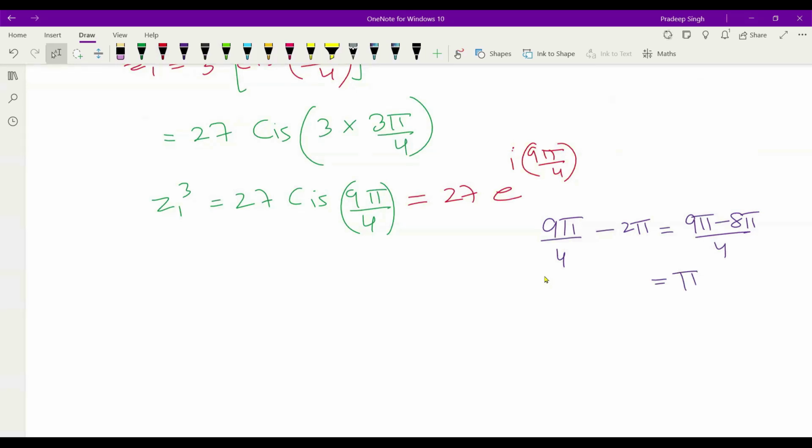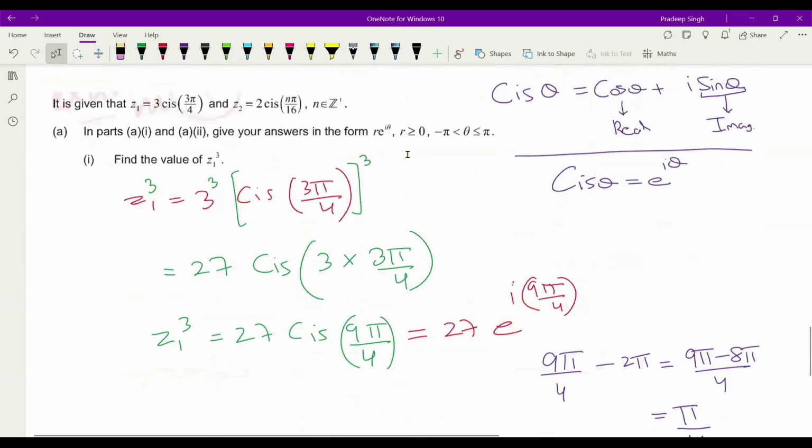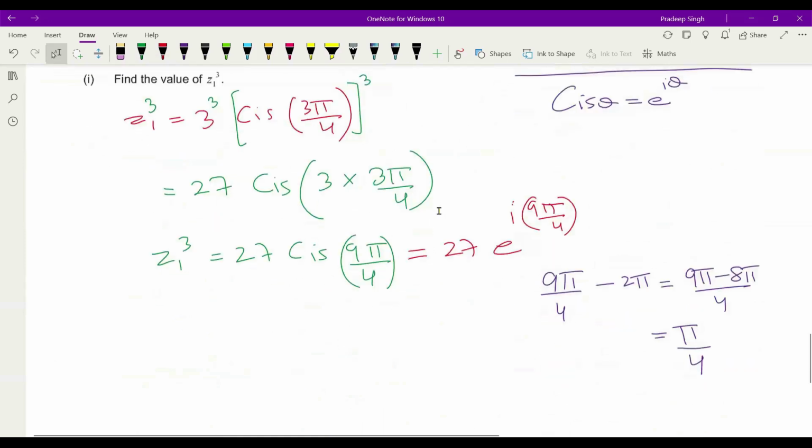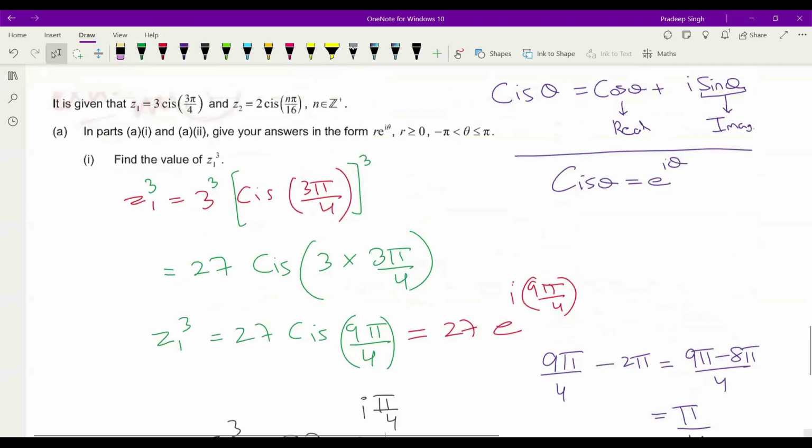Simple algebra will get us pi by 4. Now this pi by 4 definitely falls under that particular range, minus pi to pi. So your final answer for z1 cube needs to be 27 e to the power of i into pi divided by 4. So that's the answer for part 1 of this particular question. Now moving ahead to the second part.